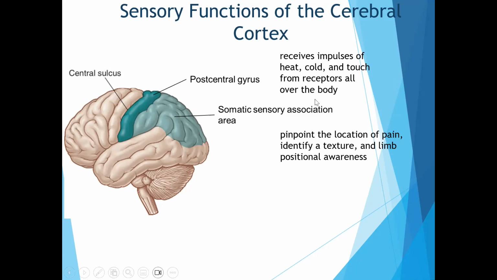All the info goes to the postcentral gyrus. We also have our somatic sensory association area. So we get a large influx of info into the postcentral gyrus, and then that association area helps pinpoint and filter through that information to know where the pain is at, what we are feeling, and how the body is positioned to react to it.